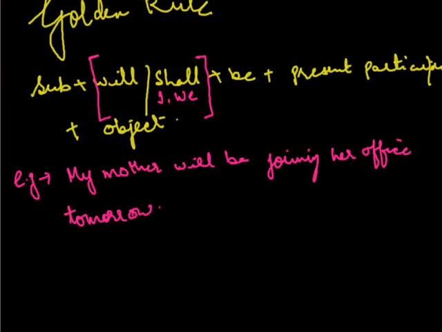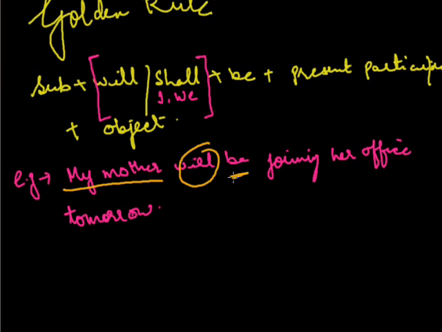Right? So, my mother is singular subject. And so as I told you earlier that will comes with he, she, it, name and singular subjects. So with my mother will use will, right?